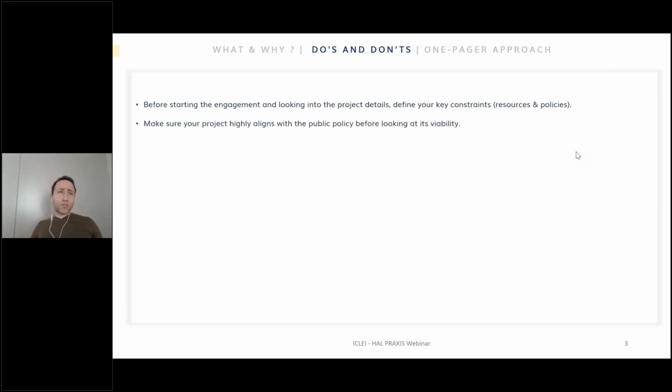Aligning with the public policy is extremely important, because a lot of people, again, I keep saying the word a lot of people, but I mean, this is a lot of people that I know, maybe in your case is different. So some people, let's say, have done a good homework in terms of defining the requirements and the constraints, and they are very well prepared with a good project plan.